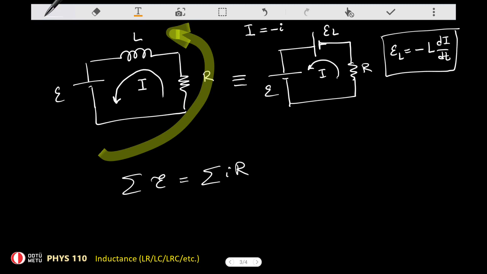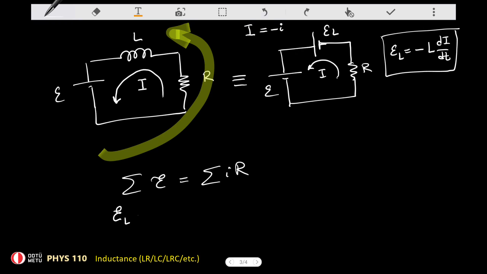So I'm actually writing the equation by just looking at the circuit in here. In any case, EMFs. So EL, I'm passing over the EMF device of the inductor in the positive direction. So therefore, this is EL. I'm passing over this one in the opposite way of its polarity.